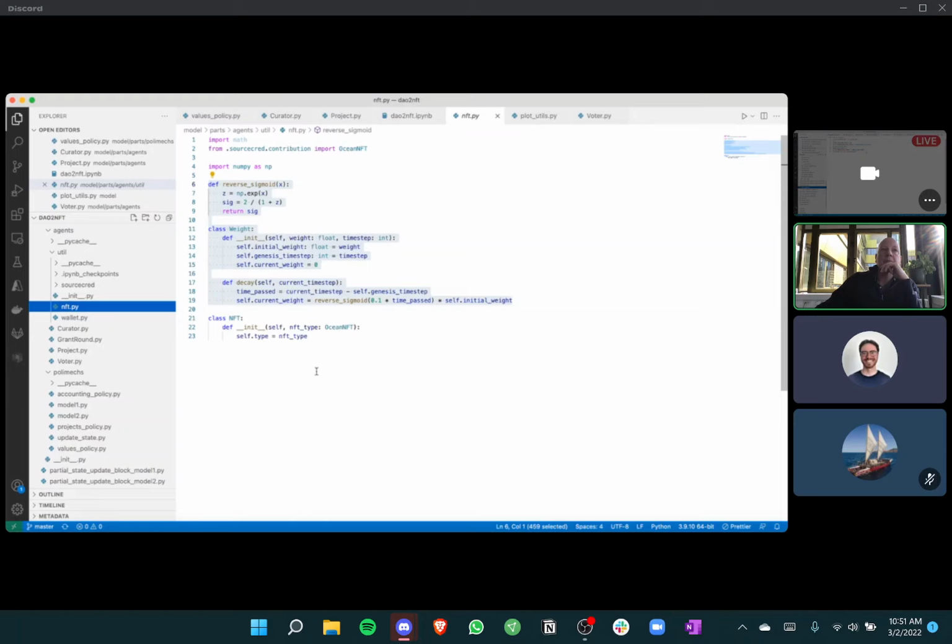Okay, actually, I have one more question before we go into the other model. I'm curious about the process of moving from the Loopy chart, or just from a visualization, to the model as you've built it.